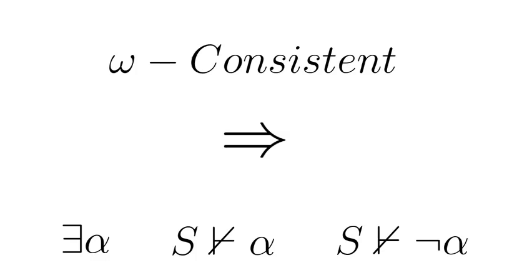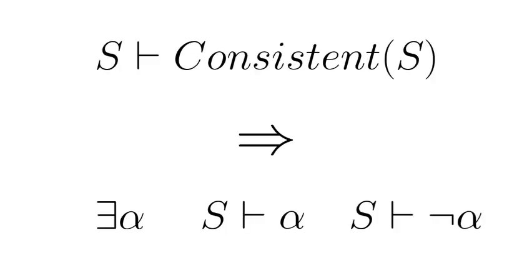Now, let's say that you wanted to prove that your system is consistent, but you don't want to use something outside the system. You don't want to create a larger system to prove that your system is consistent. You want to somehow encode the consistency of your system in a formula inside the system and then try to prove it.